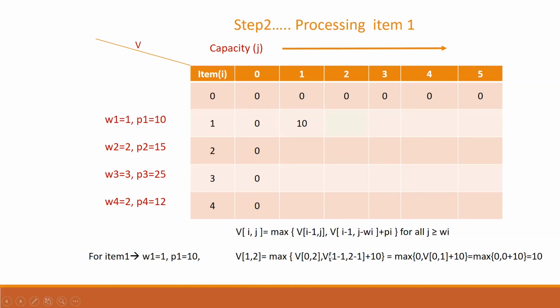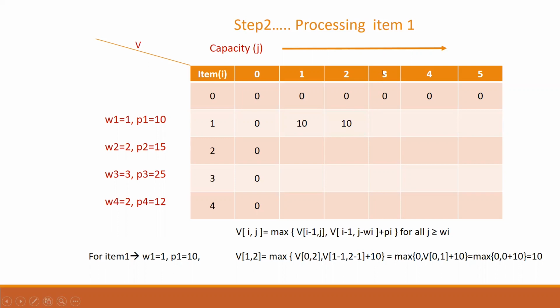Comma, V of i minus 1, 0, comma j minus Wi, where j is 2 and Wi is the weight of item 1, that is 1, plus the profit of item 1. V of 0, 2 is 0, V of 0, 1 is also 0, 0 plus 10 is 10. So the maximum of 0 and 10 is 10, and the value will be filled as 10.